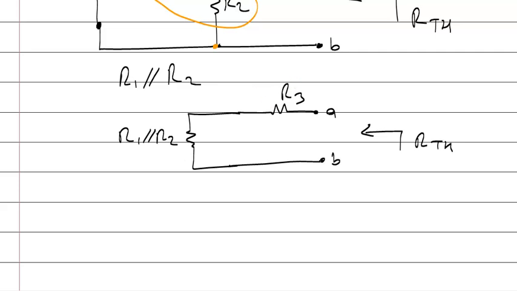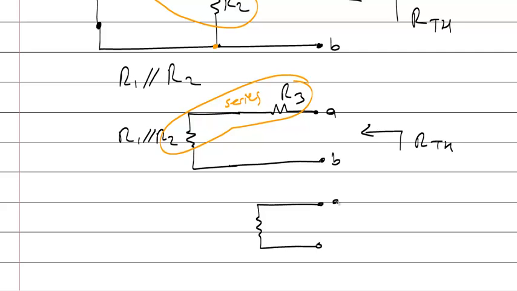Okay, parallel. Here they are connected in series. So the total resistance between points A and B is R3 plus R1 parallel R2. Okay, so I have calculated the total resistance.